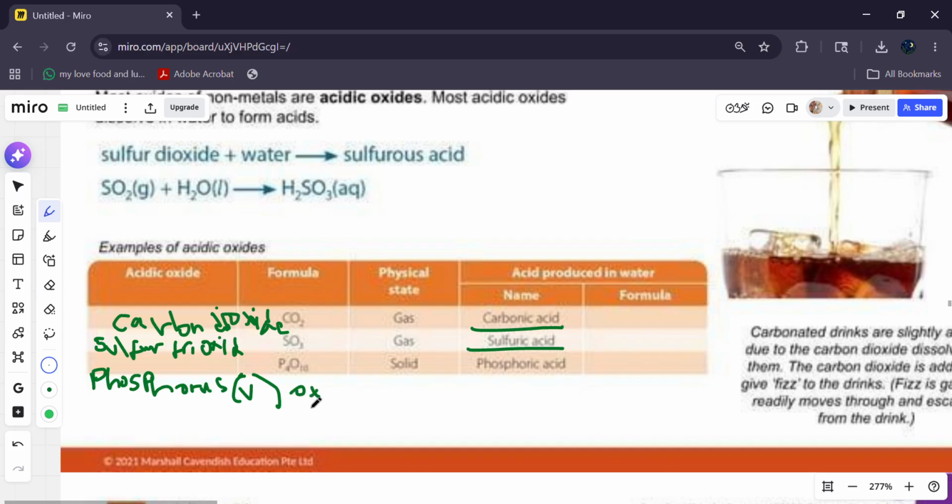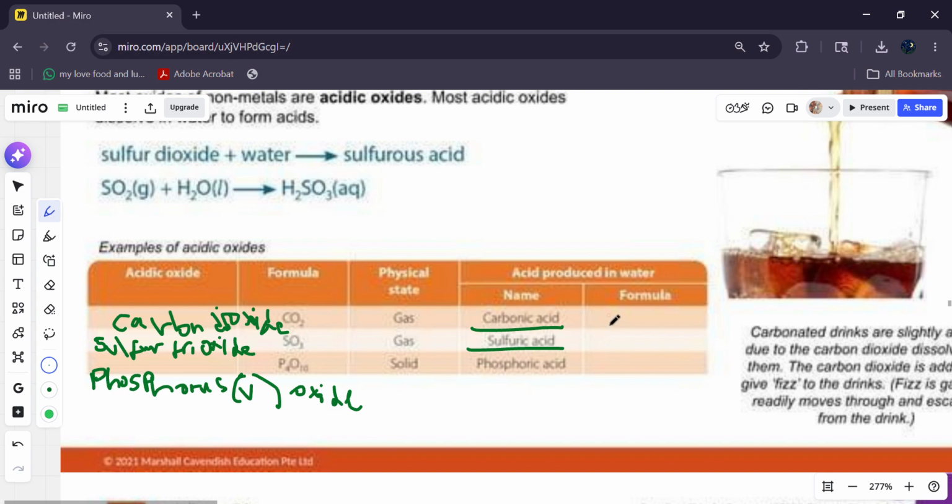Don't mind my handwriting. So we have carbon dioxide, sulfur trioxide, and phosphorus 5 oxide. Now, phosphorus 5 oxide is also an acidic oxide, but unlike carbon dioxide and sulfur trioxide, phosphorus oxide is a solid, but at the same time, it still produces phosphoric acid.